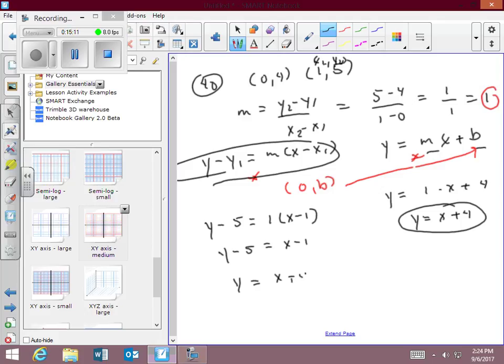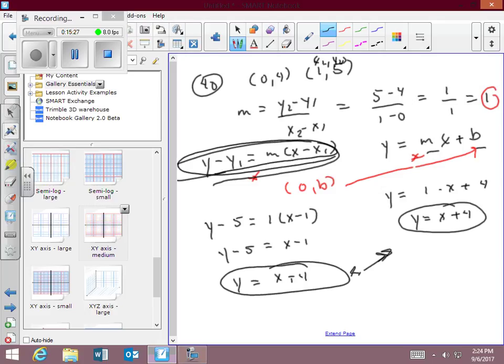Plus 4, don't I? Same thing. Good question. Does that clear it up? We could do it either way. We could actually, if we wanted to, take this equation right here and put the 0, 4 in, and it gives it for us. It doesn't make any difference.